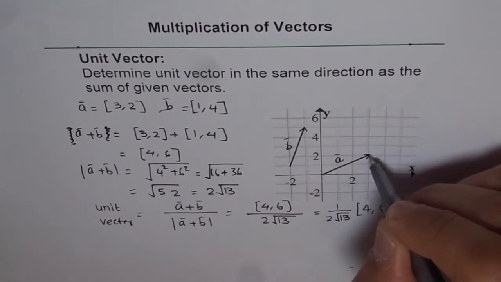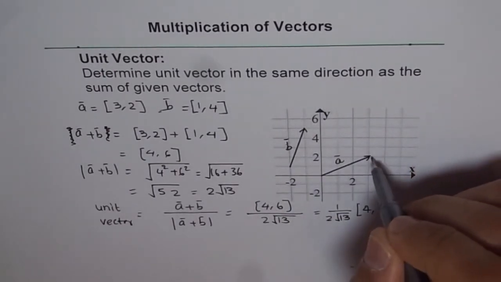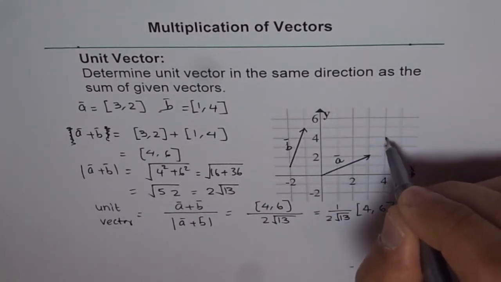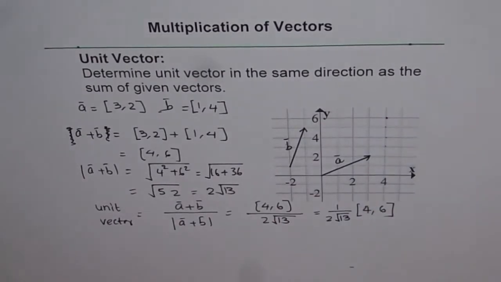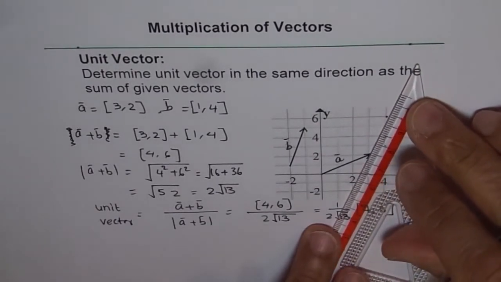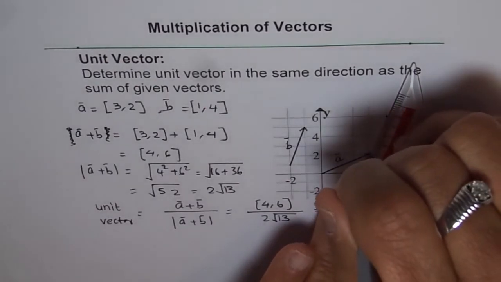Let's say this is my point, the tail of vector B. Then the head will be 1, 4 away: 1, and 1, 2, 3, 4. That becomes the position of the head, right? So when I place vector B on A with its tail on the head of A, I get its sum.